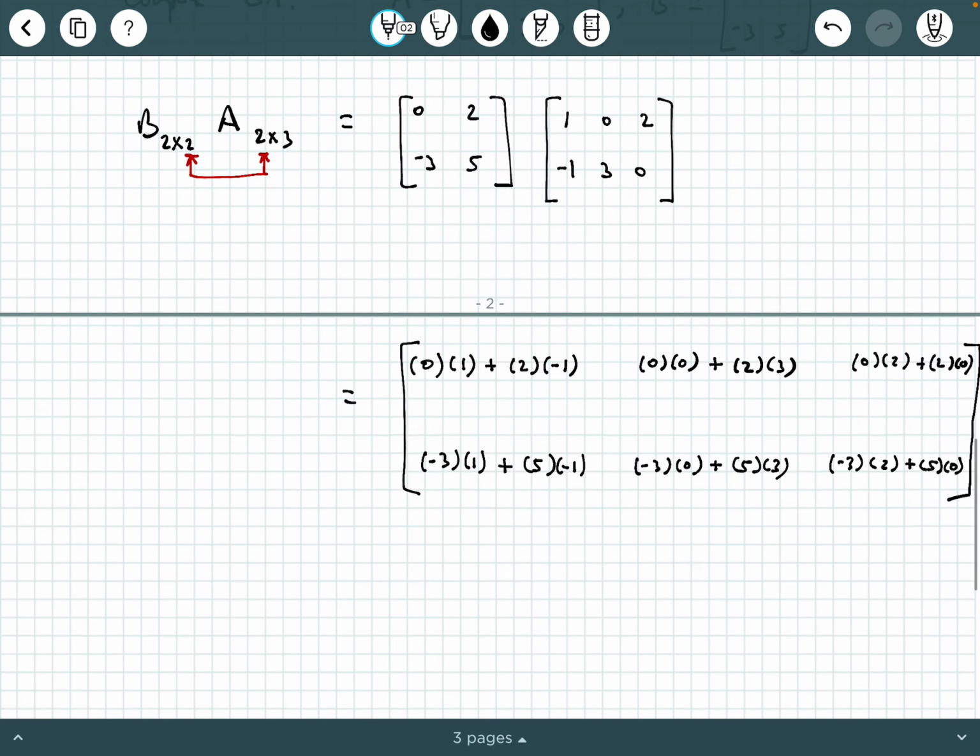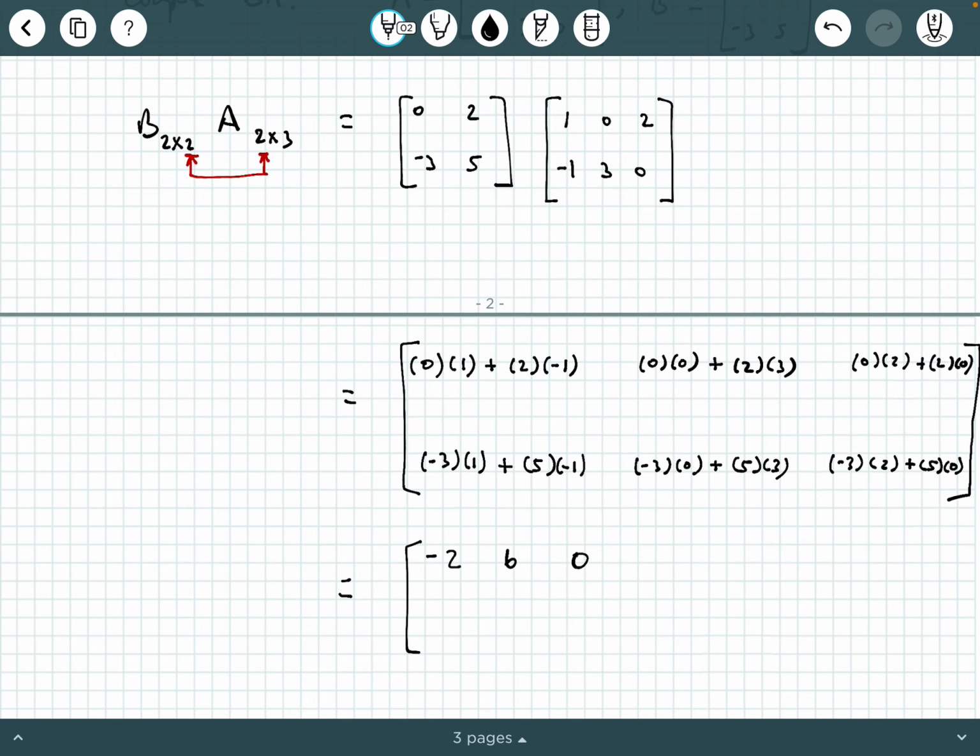Now you want to evaluate these, so let's do some arithmetic. This first, the 1, 1 entry becomes, looks like negative 2. The 1, 2 entry looks like it becomes 6. The 1, 3 entry becomes 0.